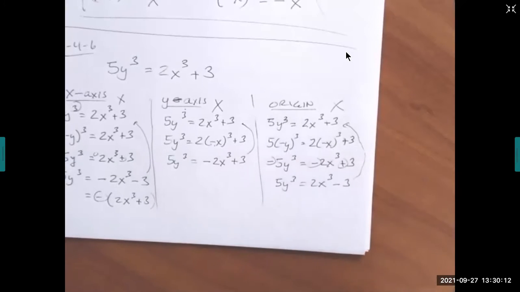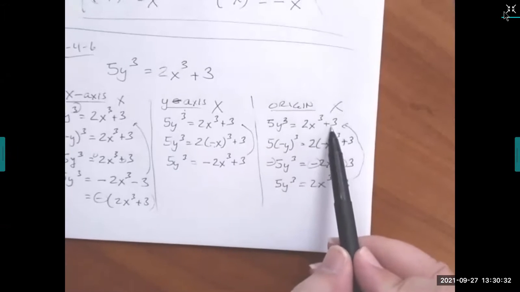So that's how we knew it wasn't going to work. Because the only way you can have a function that's symmetric about the origin is if it's an odd function. An odd function cannot have a constant.